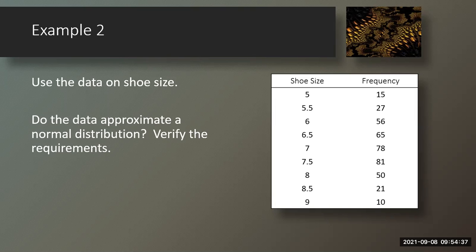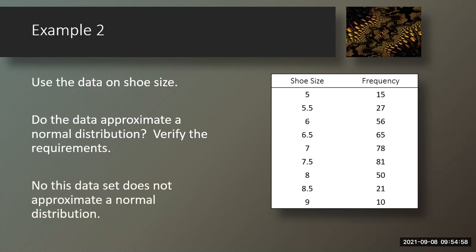This one is a little bit more spread out. I'm not really seeing one or two high points in the middle. The highest frequency is in the shoe size of 7.5 with a frequency of 81, and it's kind of all around that range. So I would have to say, in my opinion, that this data set does not approximate a normal distribution.